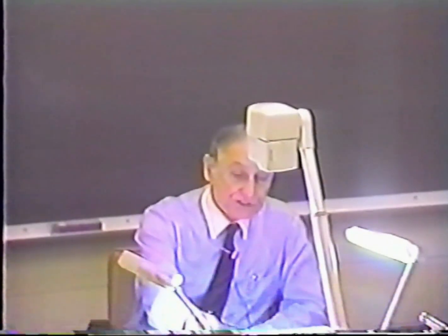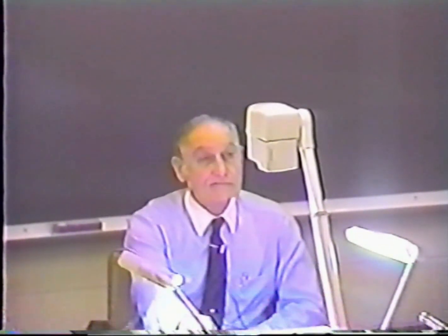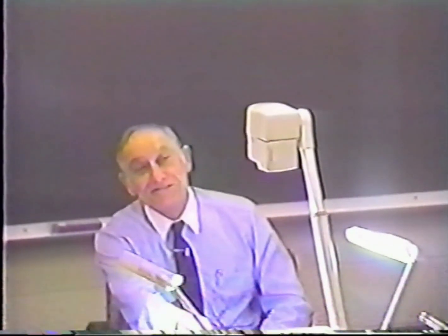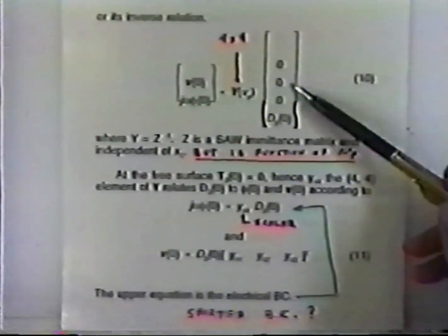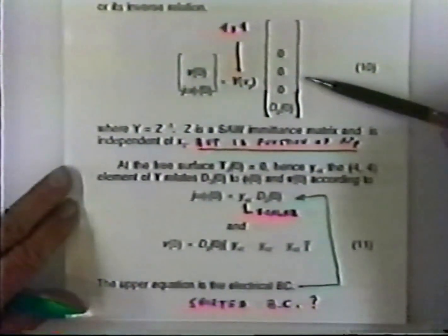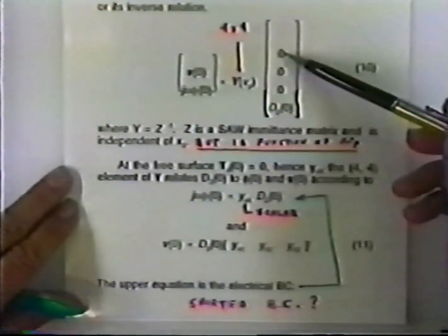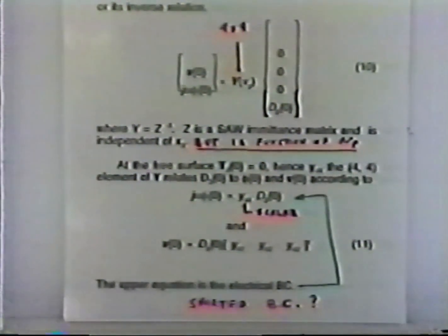If those stresses are not 0, then in fact the potential is going to be a linear combination, and there will be 4 terms to it. Okay?